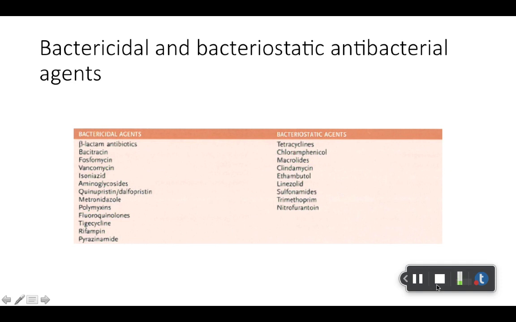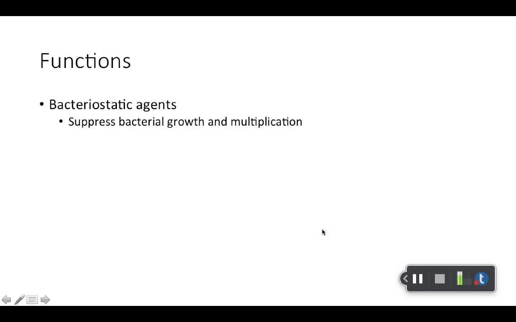And there's also bacteriostatic agents, so here's the list of bactericidal, again, bacteriostatic. Again, for my exam purposes, don't stress about memorizing these charts here. But then bacteriostatic, basically static, you can think of it as like stasis. It means to stop. So the bacteriostatic agents actually stop the growth and multiplication.